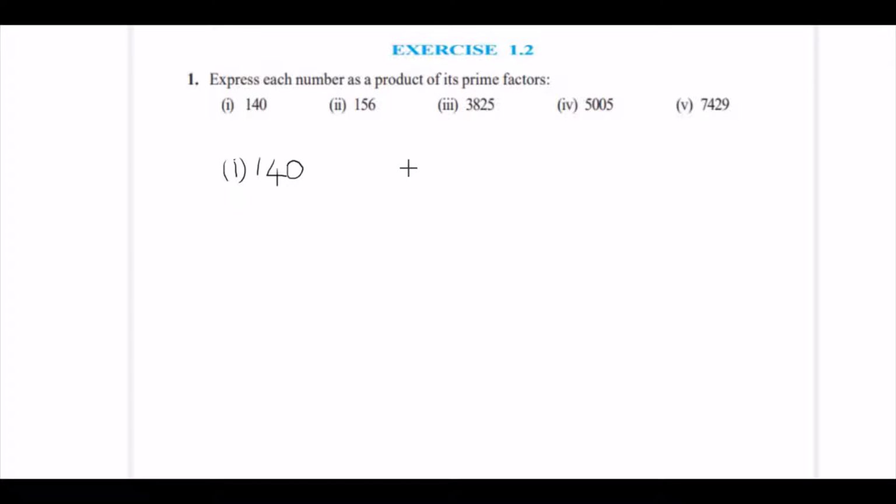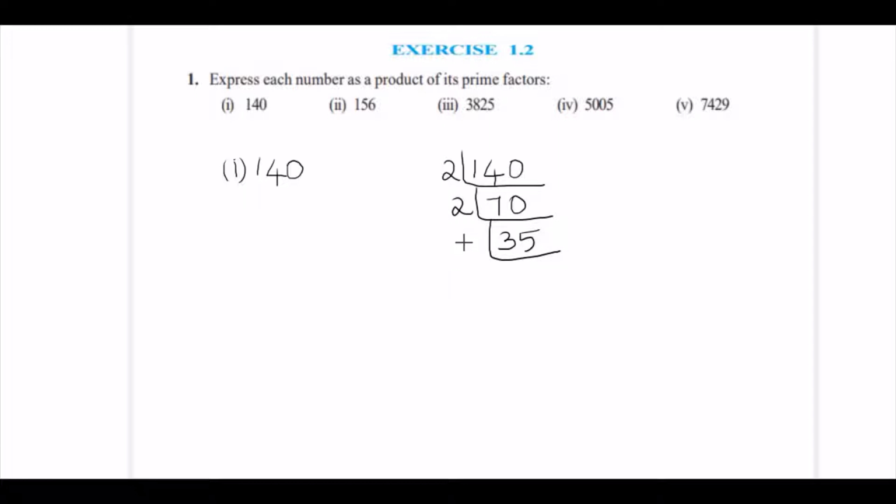140. 140 is a composite number. So let's factorize 140. First check with the first prime number, that is 2. 2 goes in 14 7 times, so 70. 2 goes in 70 35 times.